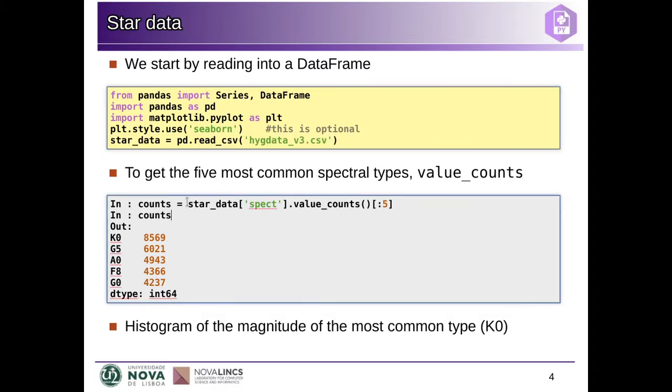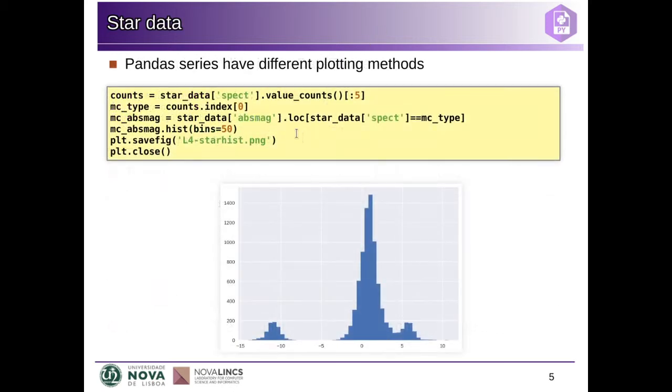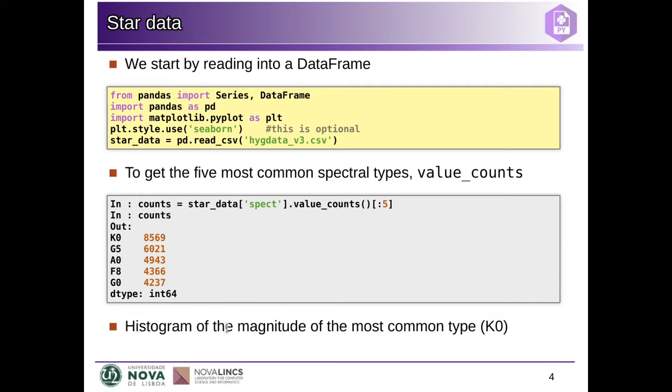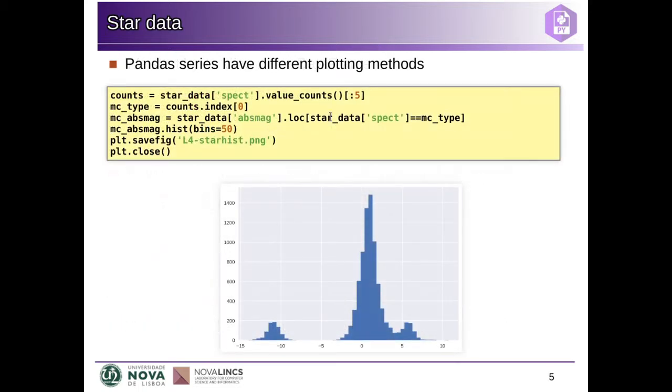We saw that we could use value counts to get the most common spectral types, and now we can do a histogram, for example, for the magnitude of the most common type. We take K0. So here we are counting the unique values of the spectral type.